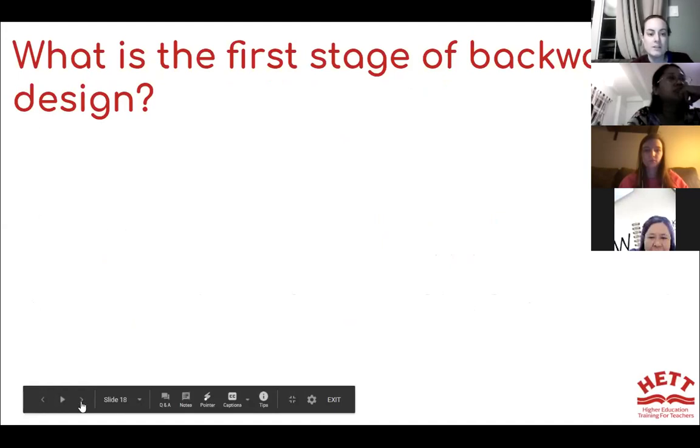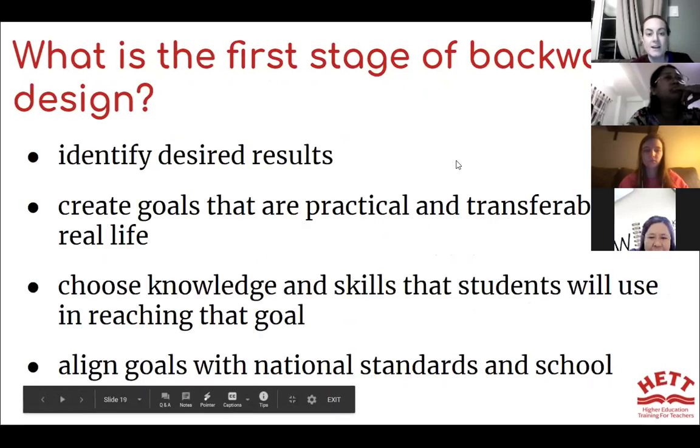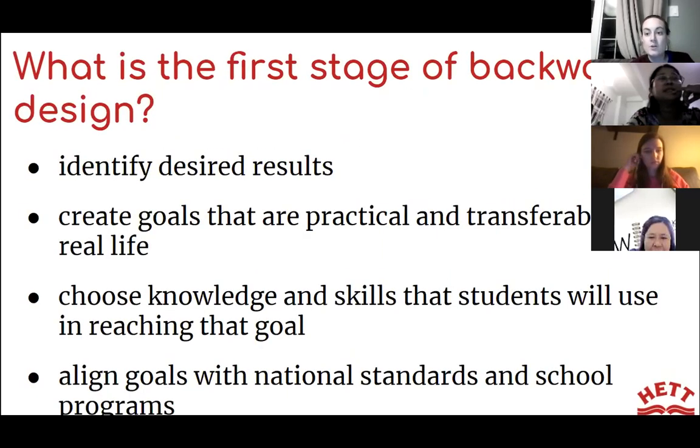Okay, so the first stage of backwards design is identify desired results. In this stage, you need to create goals that are practical and transferable to real life. So you think of your end result: how can it relate to real life?